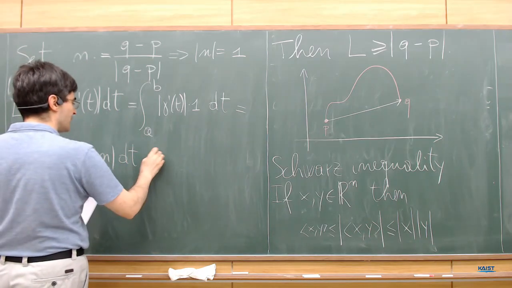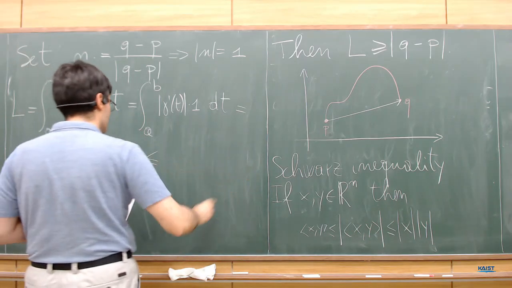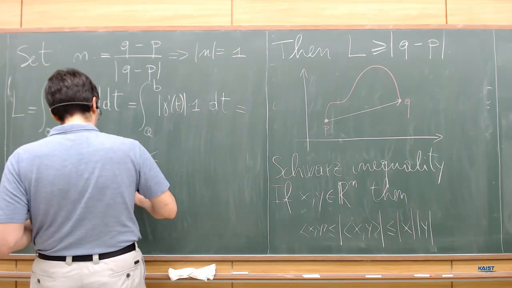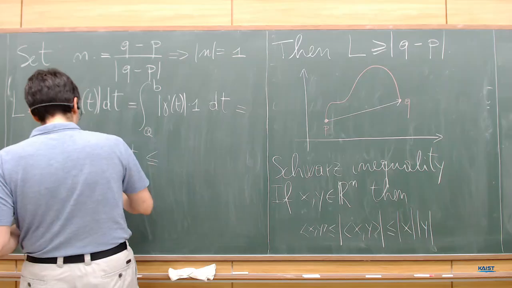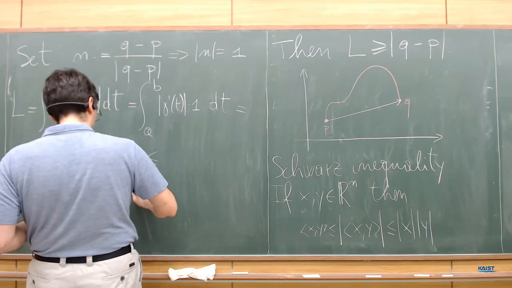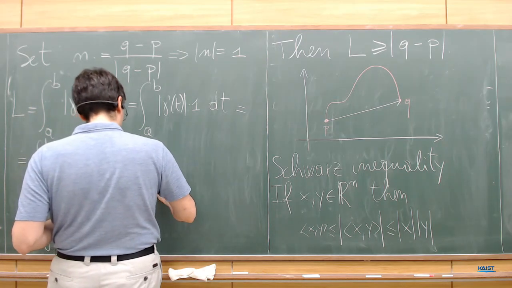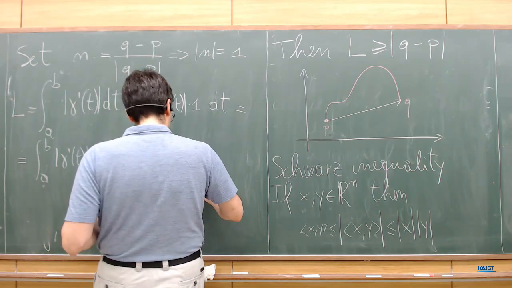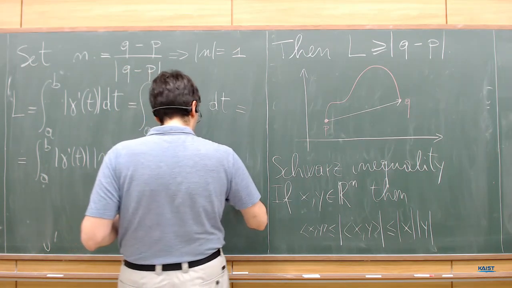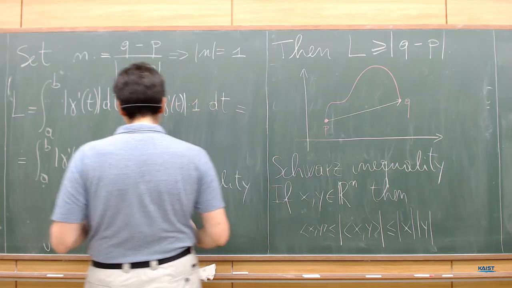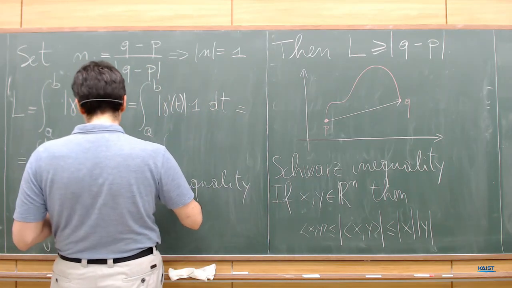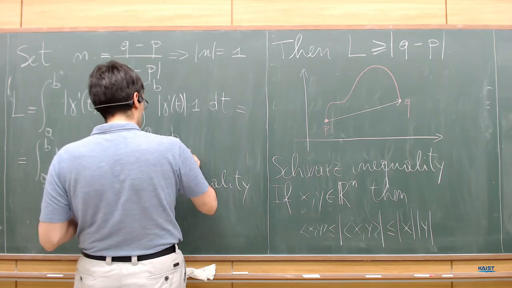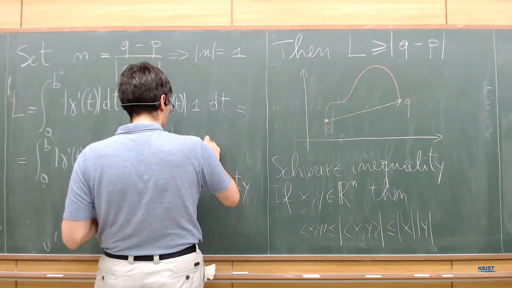By the Schwarz inequality, this is smaller or equal than the integral from a to b of the inner product of gamma prime of t with n.